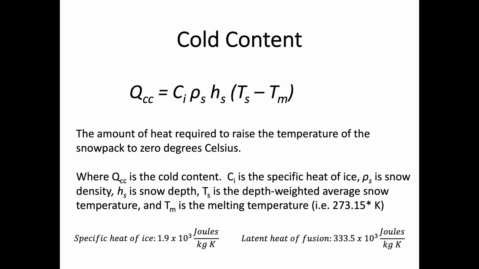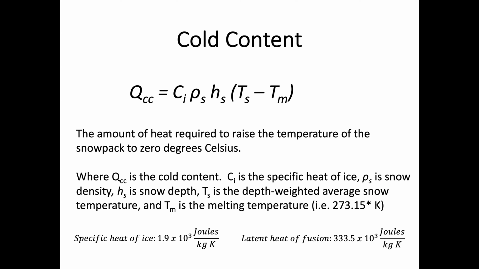To estimate how much energy to bring the entire snowpack to 0 degrees, also known as the cold content for a snowpack, we need to know the specific heat of ice, which in the previous slide we saw was 1.9 times 10 to the third joules per degree Kelvin. Next, we have rho s, which is the density of snow. The h here stands for height of the snow or snow depth.